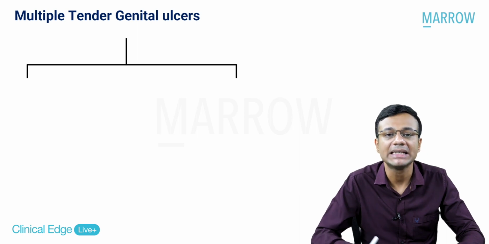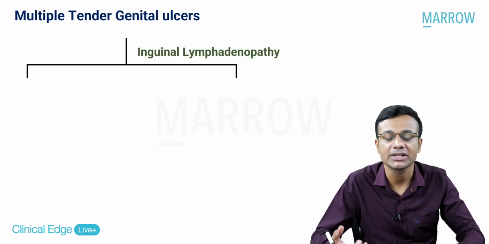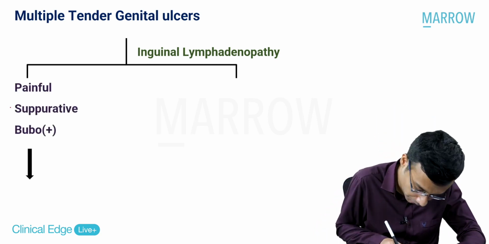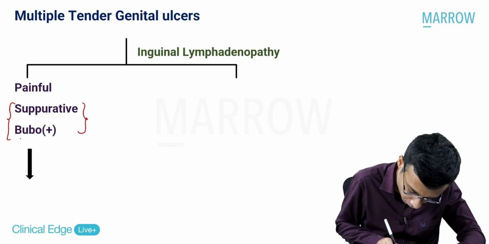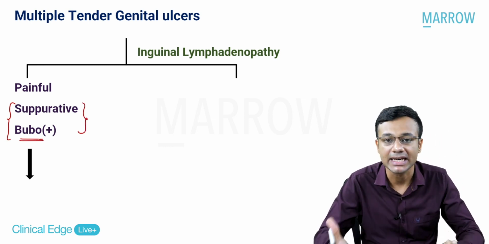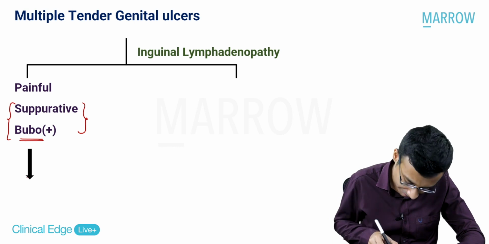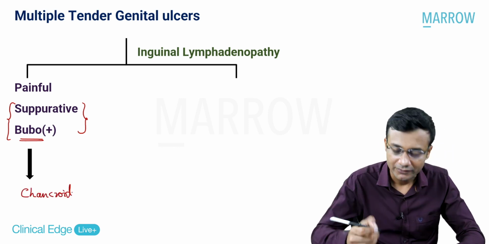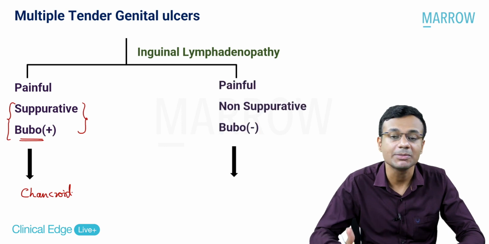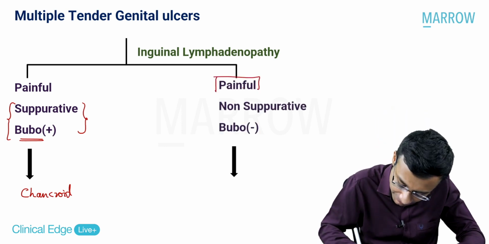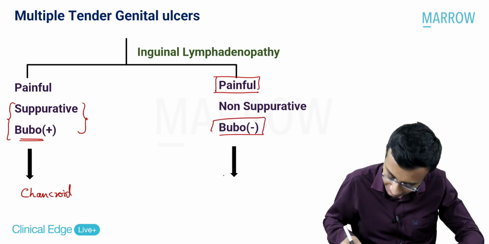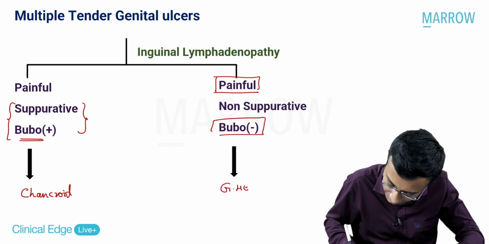And when I'm talking about multiple tender genital ulcers, again I talk about inguinal lymphadenopathy. If the inguinal lymph nodes are painful and there is a suppurative bubo, bubo meaning the lymph node is enlarged with pus formation, then I will mark my diagnosis as chancroid. Whereas if the question says there is painful inguinal lymphadenopathy but no bubo, then I can mark my diagnosis as genital herpes.